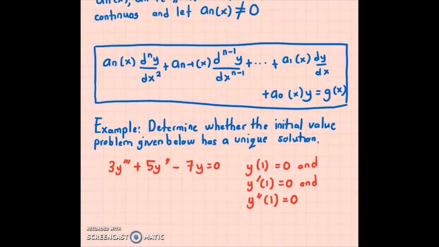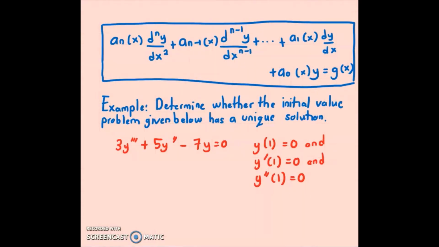Before we answer this question, this is an initial condition, not a boundary condition, because the x naught here is 1, 1, 1. The x interval just starts from 1; there's no second x value. So this is an initial condition. Now, how do we know whether there's a unique solution here? First, we see that this is my a3, this is my a2, my a1 is 0, and this is my a0.